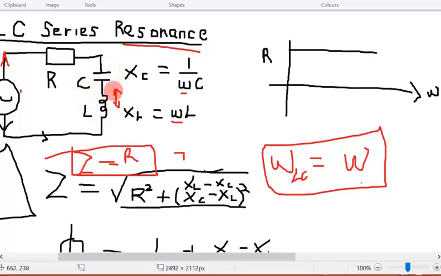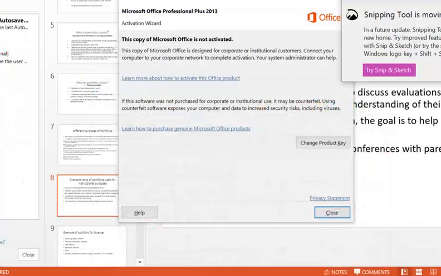This one doesn't change, so long as the capacitor and the inductor are the same. If we want to change the natural frequency, then we may have to vary the capacitor, either close it a bit or open it a bit, so that it will agree with the source frequency. This is how we use it to tune radios. We'll talk about it when we do electromagnetics.